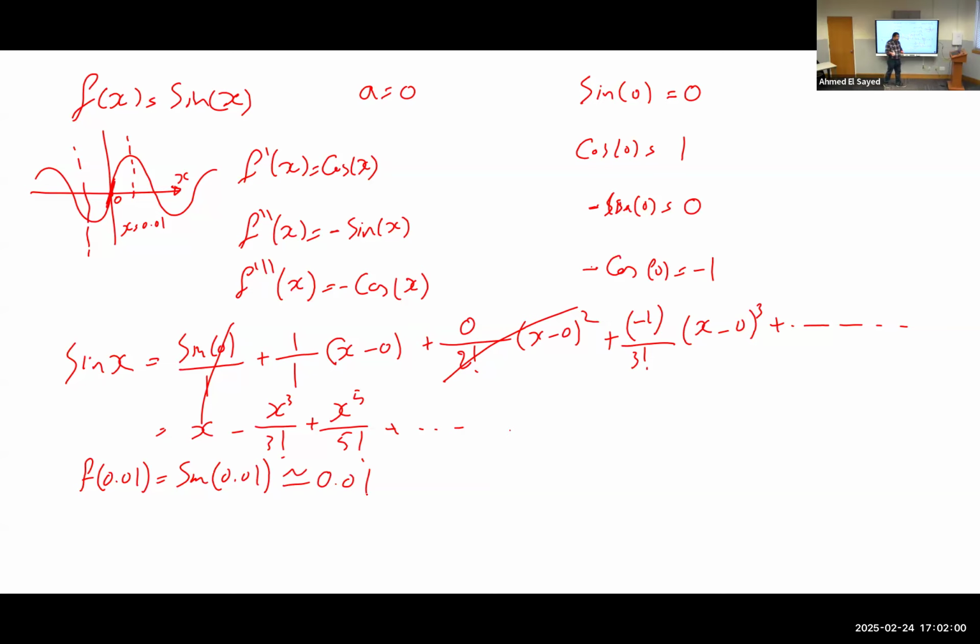Right? So I can ignore those terms and say that sine x almost equals x if x is too small. Agree with that?